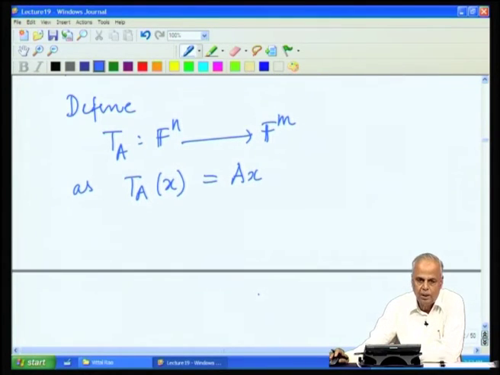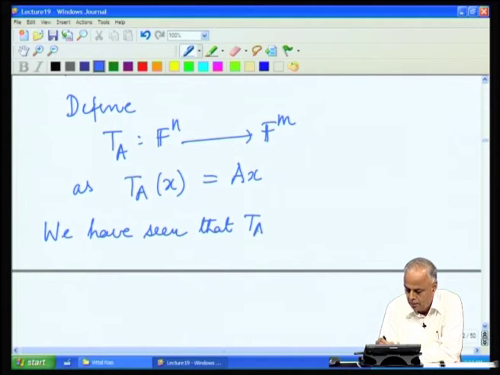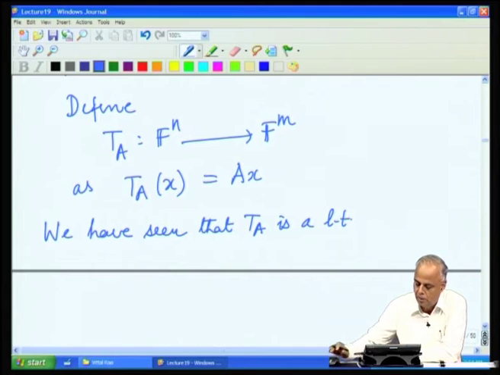We have already seen in the last lecture that Ta is a linear transformation from Fn to Fm.